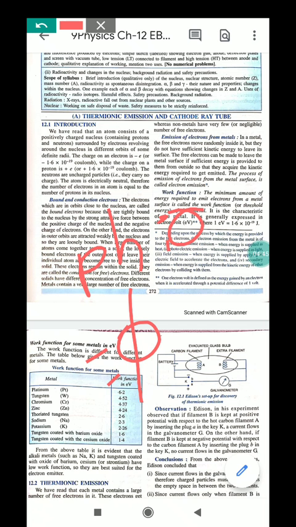The metals from which electrons can be ejected easily, that means they run away easily, are called electron emitters.